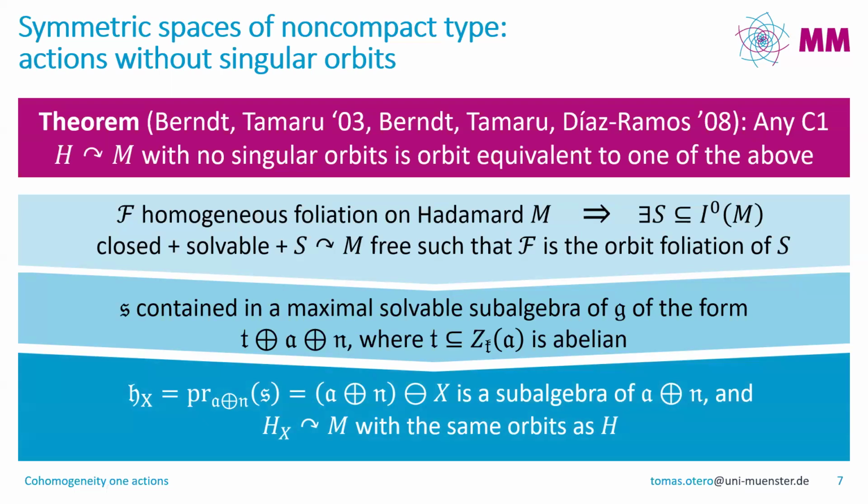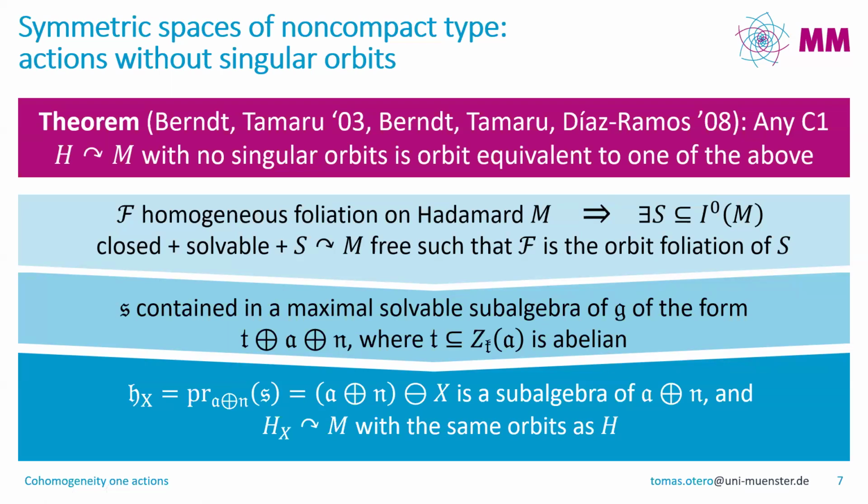And then, also after some work, it is possible to show that you can project this solvable subalgebra s along t. In principle, this should be a subspace of a plus n. But it is possible to prove that this is actually a subalgebra.